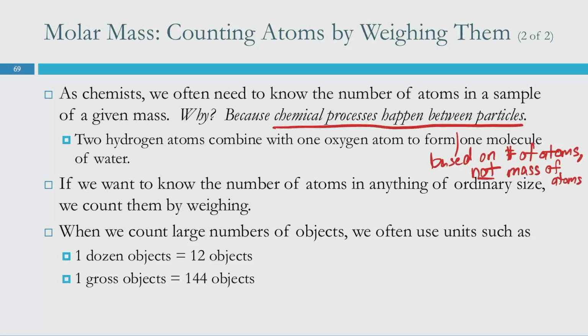And since they come in lots of different sizes, we've got 118 different shapes and sizes of atoms that we can get, it's important that we be able to figure out approximately how many atoms we have so that we can predict what's going to happen or get our reaction to go the way we want it to. So for example, 2 hydrogen atoms combine with an oxygen atom to form a molecule of water. Oxygen atoms and hydrogen atoms are very different sizes in terms of their mass.